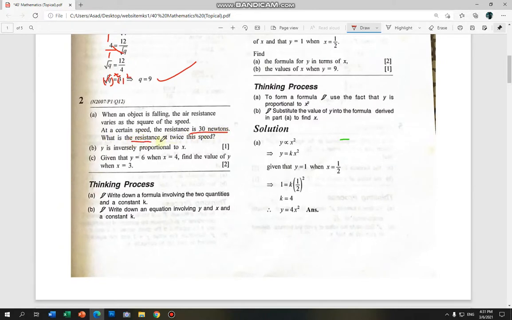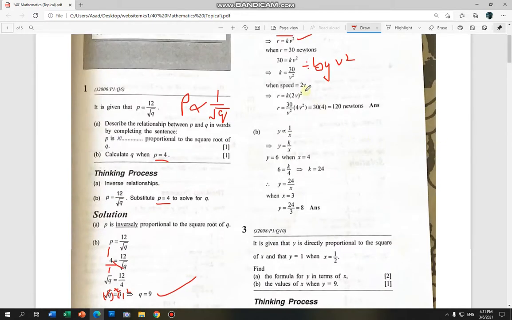What is the resistance at twice this speed? So you have to make V is equal to 2V, because here it is given that it is twice the speed. So in place of V square you have to put 2V. It will be 4V square. V square will be cancelled by this and R is equal to 120 Newton.